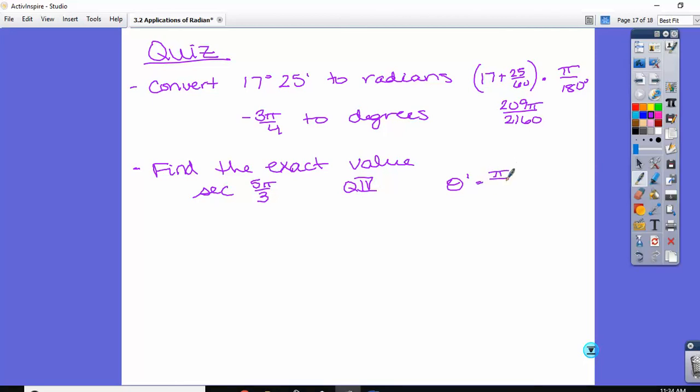It's just pi over your denominator, so pi over 3. So first of all, if I have secant, I'm thinking about cosine. In quadrant 4, is cosine positive or negative? Positive. Okay, pi over 3, that's like what degree measure? 60 degrees. Okay, so cosine of 60 would be 1/2. That means secant is 2. So you should be able to evaluate those.